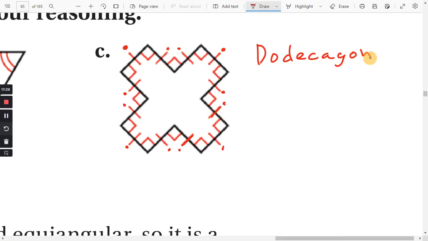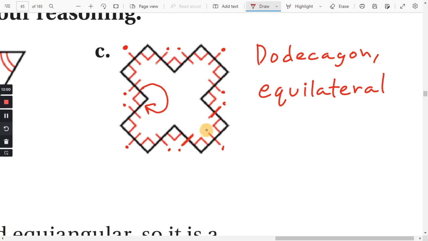So it is definitely equilateral. But if you look at the angles, they're not all congruent. It has to be the interior angles. Many of the interior angles are right angles, but if you take this angle right here, it goes all the way from here to there. That is not an interior right angle. So it's not equiangular, but it is equilateral.